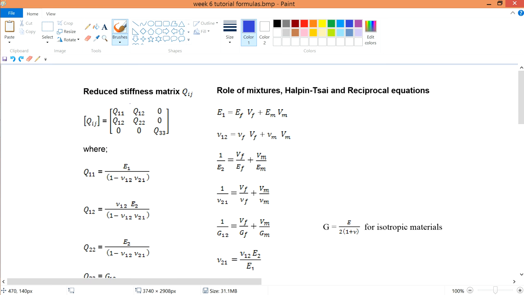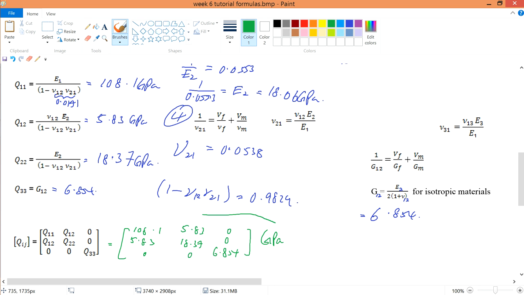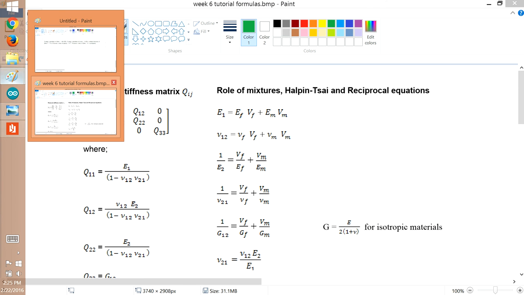And then if you put it back into your matrix, I'll simply put in all these values, and that's it. So what I will have is this, and this is the answer for your Qij. What we have been doing so long is only one part of the larger part.